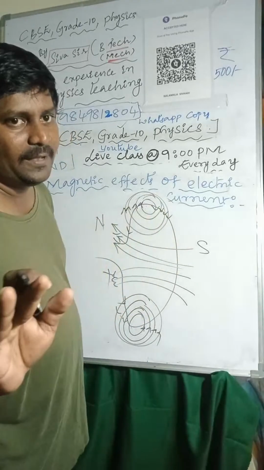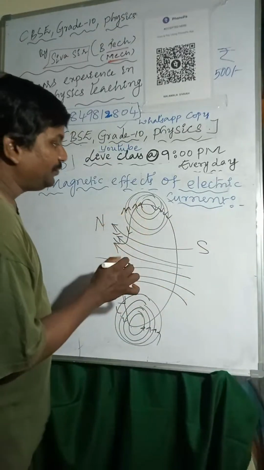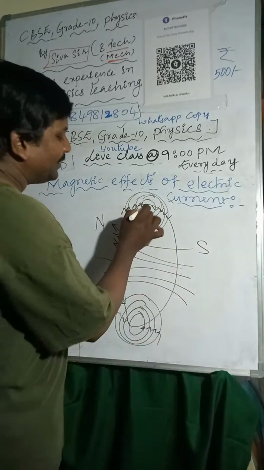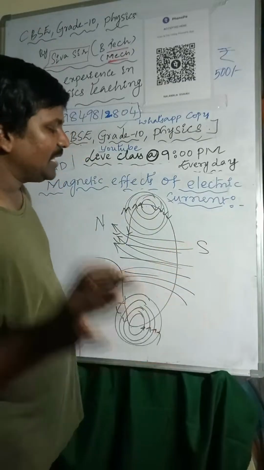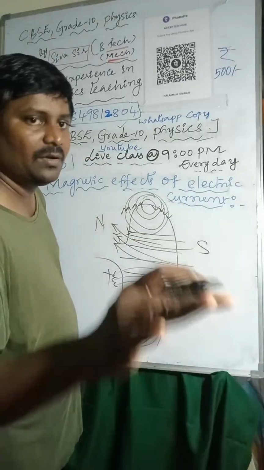Until this point, do you agree? Yes, sir, I agree with this. Very good. And as you move away from the wire, the field lines become parallel lines. Sir, I agree with that also. Okay, you agree to that point? Yes or no? Yes.